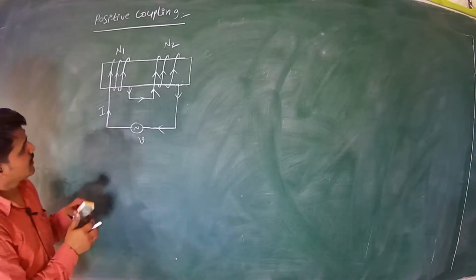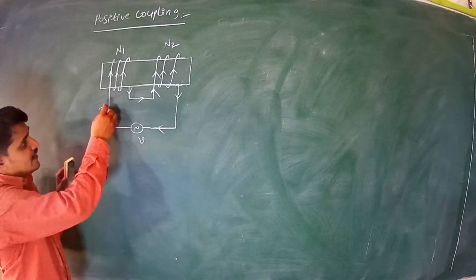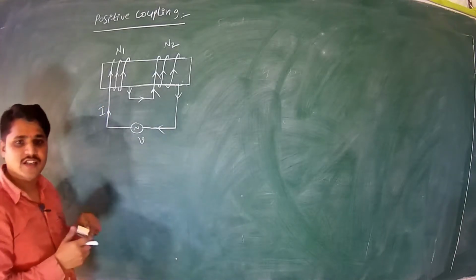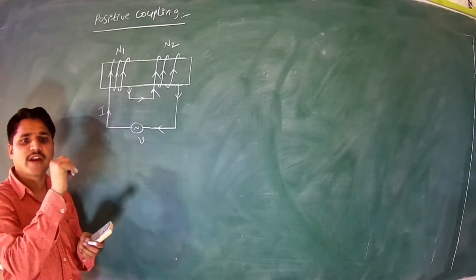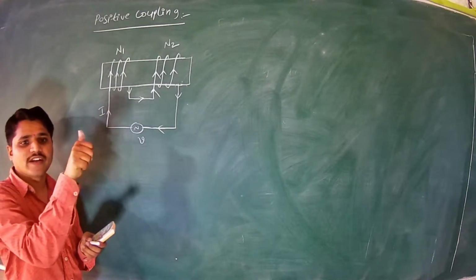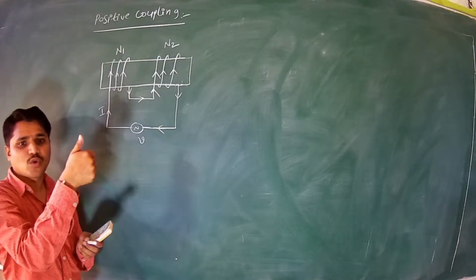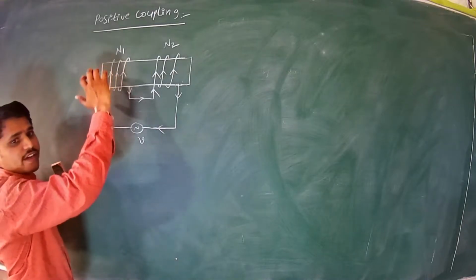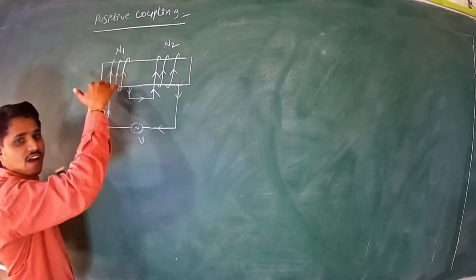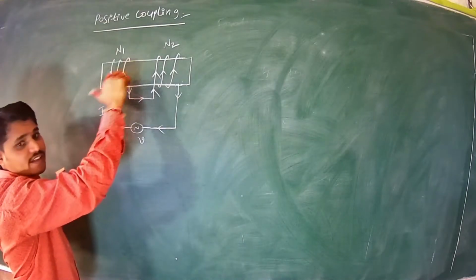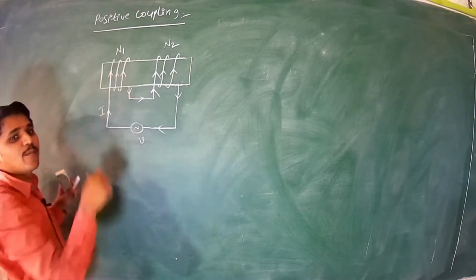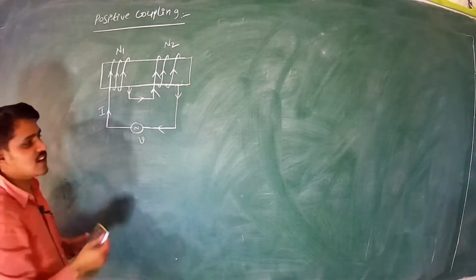Now whenever you allow current, according to the right hand thumb rule, the curled fingers indicate the current direction, and the thumb indicates the magnetic lines of force, that is, the flux direction.